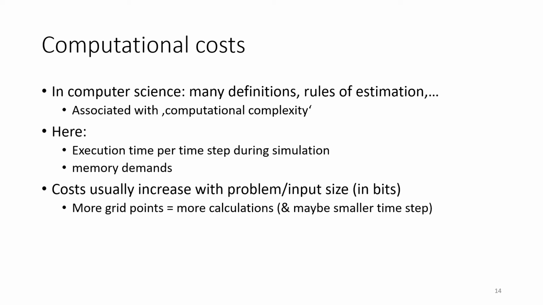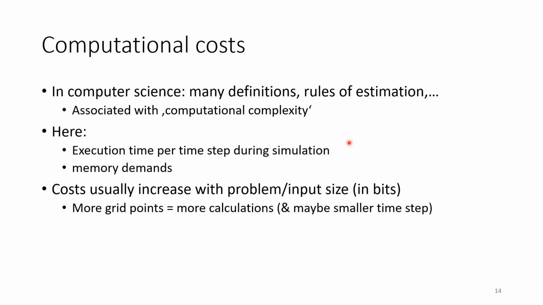Costs usually increase with my problem or input size. If I have a larger grid, I have to store more information in my RAM. I have a larger matrix to solve, more equations, a larger linear system of equations. So there are more calculations required, increasing my execution time per computed time step.